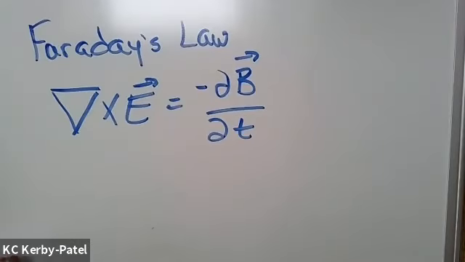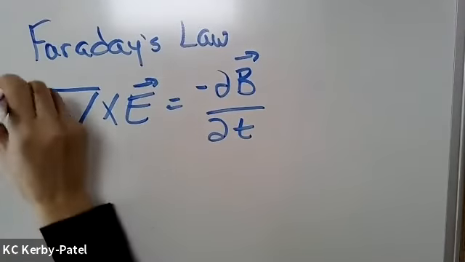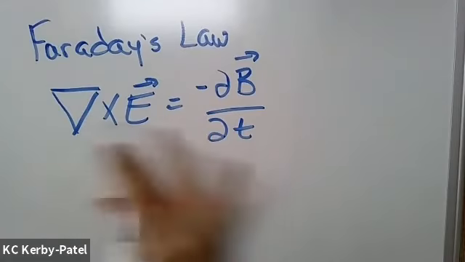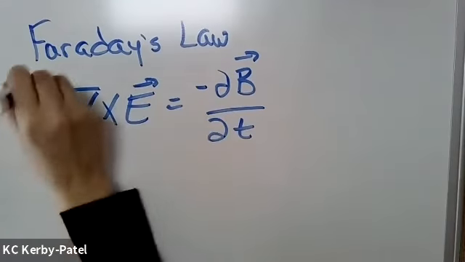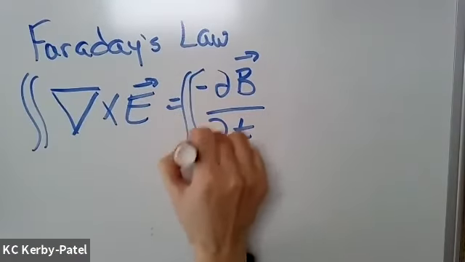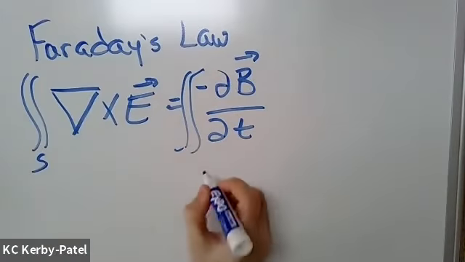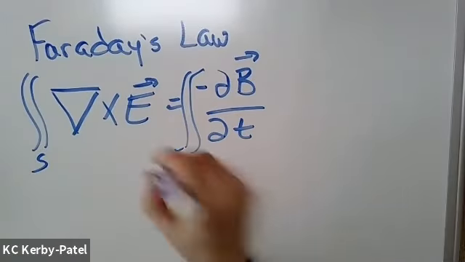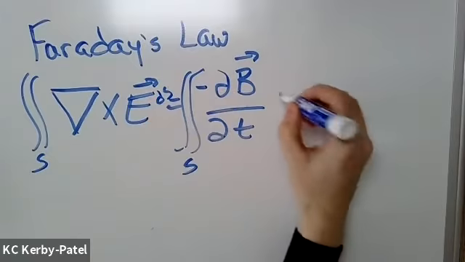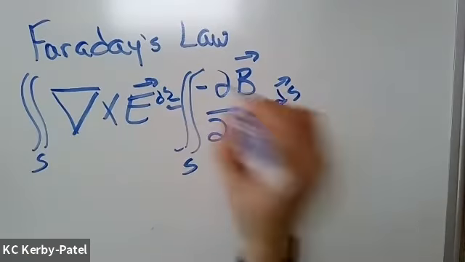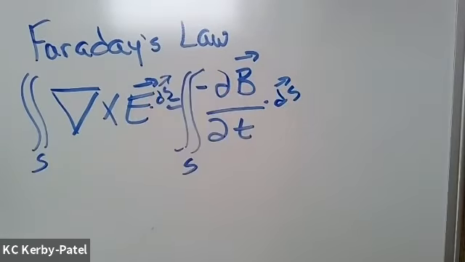This might not seem like it means anything to you now, but take the integral of this over a surface, an open surface, not a closed surface. Let me do that over a surface and do that over a surface, right? I'm going to do a little ds there and a little ds there. On this side, I can apply Stokes' theorem.